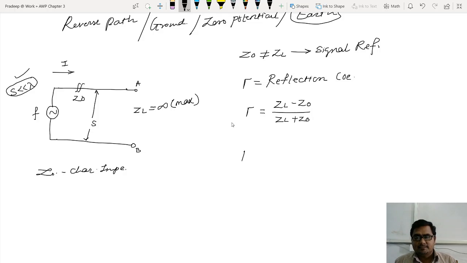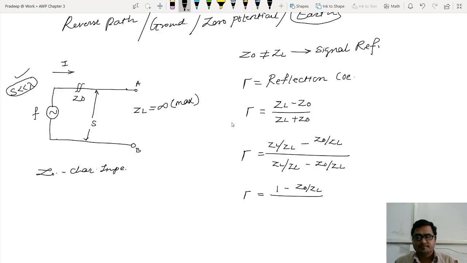Now see, if this is what tau is, I divide numerator and denominator by ZL: ZL divided by ZL minus Z0 divided by ZL, over ZL divided by ZL plus Z0 divided by ZL. Finally the reflection coefficient equals 1 minus Z0 divided by ZL over 1 plus Z0 divided by ZL. Oh, plus sign is there in the numerator; okay, that's the condition I am getting.